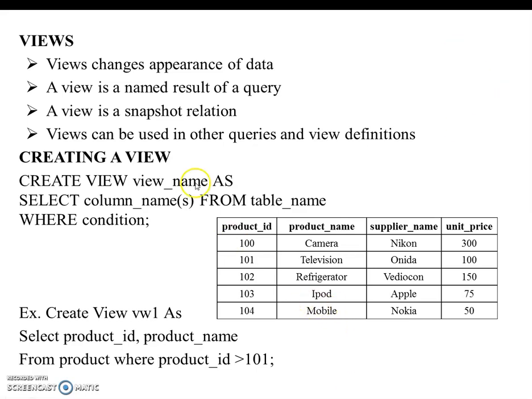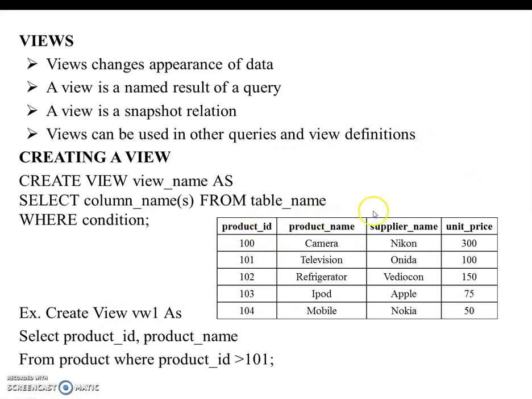You can see there are 4 columns within my table, and generally there are multiple rows, but for practice I have inserted 5 rows here. The 5 rows are not important for me, but the columns are important, because out of those columns or attributes, how many are required can be shown as a view from this whole product table.